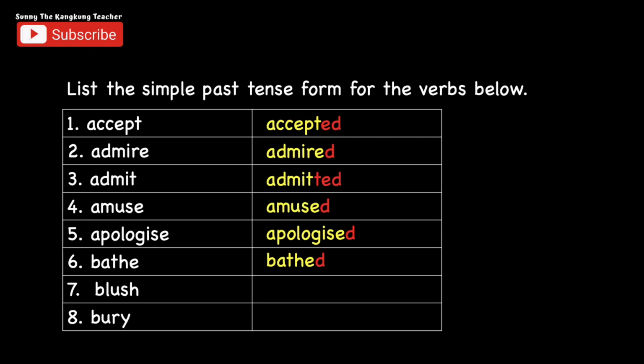No, we can't. What about rule number 2? No, we can't. So we simply just use rule number 3, which is to add ED, blushed. For the last one, number 8, we have berry.